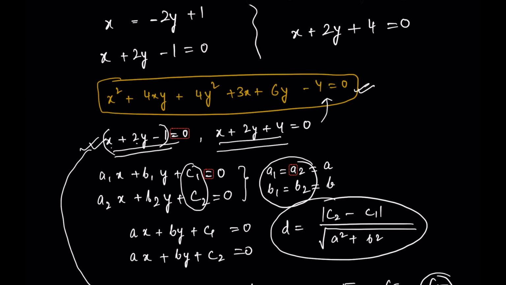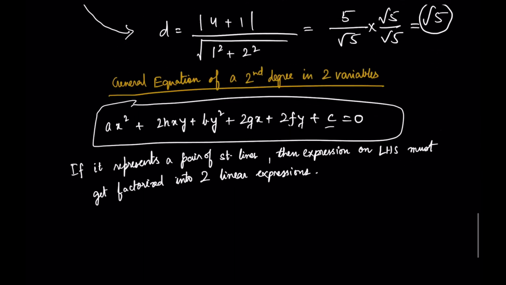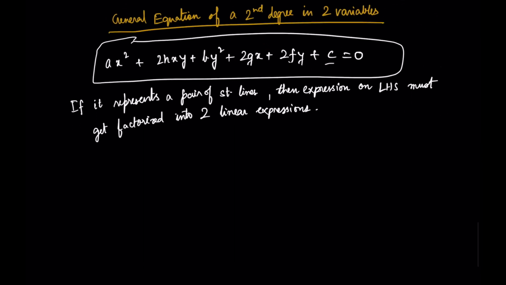So what I'm saying is this equation is a pair of straight lines because why? This part is factorizable into two expressions. One expression was x plus 2y minus 1. Another expression was x plus 2y minus 4. So that's the simple condition for this equation to qualify as a pair of straight lines.